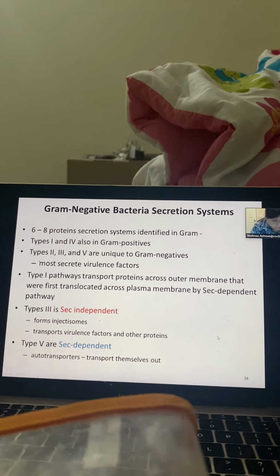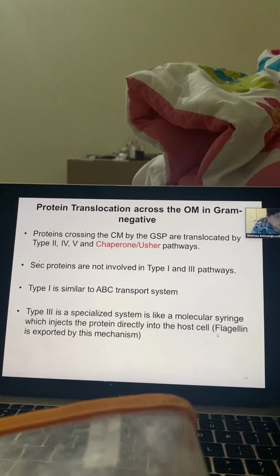Moving on. So protein translocation across the outer membrane as such is what we will talk about, and we will discuss all these type 1, 2, 3, 4, 5, and so on. So proteins crossing the cytoplasmic membrane by the general secretion pathway are now in the periplasmic space.